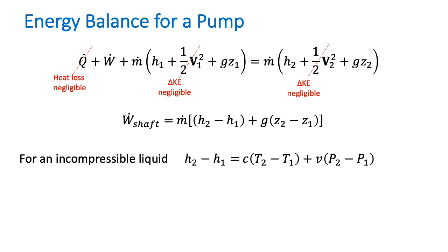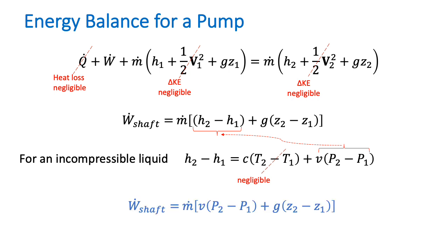To calculate the change in enthalpy, we have the expression that for an incompressible liquid, H2 minus H1 is equal to C times (T2 minus T1) plus V (P2 minus P1). T2 minus T1 we've said is negligible. So we take the second term, V (P2 minus P1), and we substitute it into our expression for the work.